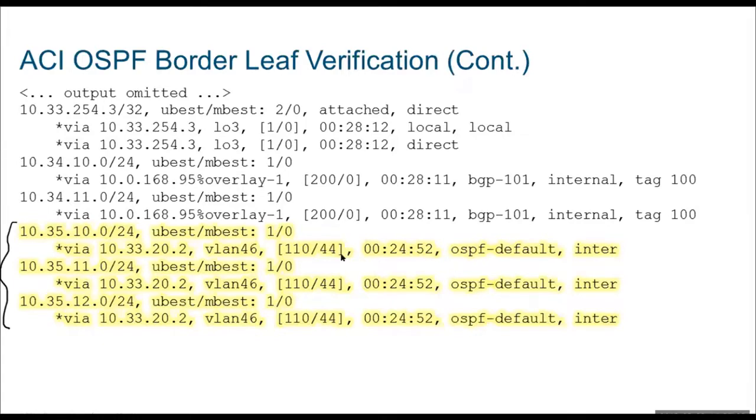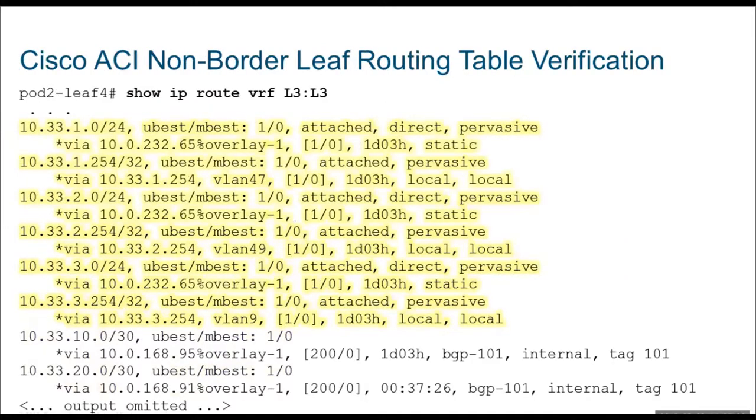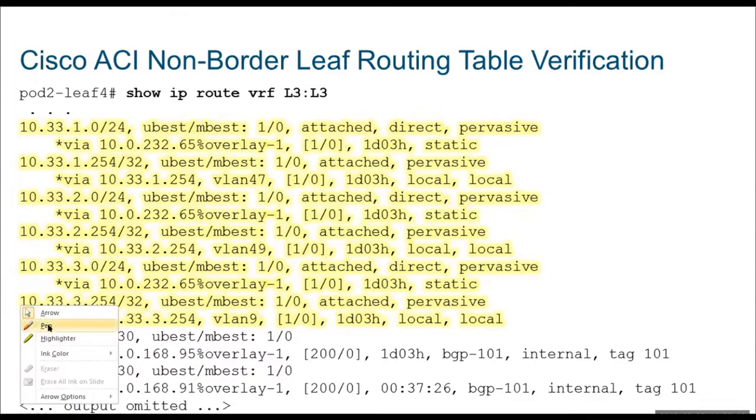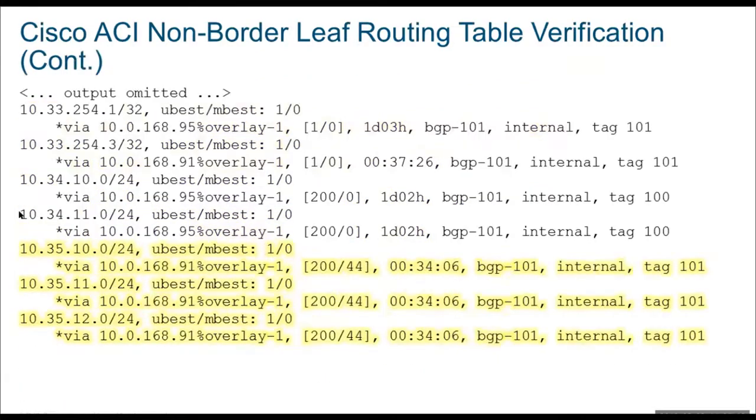The non-border leaf, that means this is actually a leaf which is not connected to that OSPF routed network. 33.1 to 33.3, they were all static, but it should show me the 35s are learned through BGP.